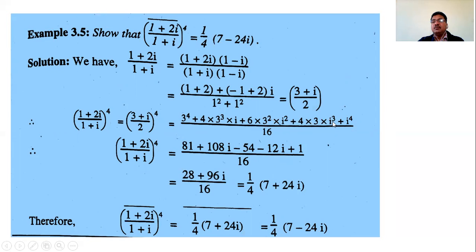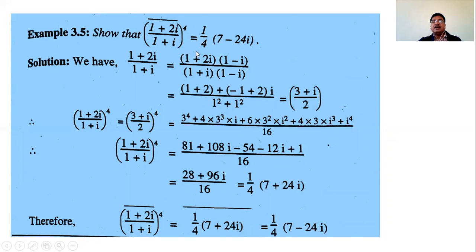What is the value of i cube? i cube is i square into i, that is -i. And i raised to 4 is i square into i square, that is -1 into -1, which is +1.